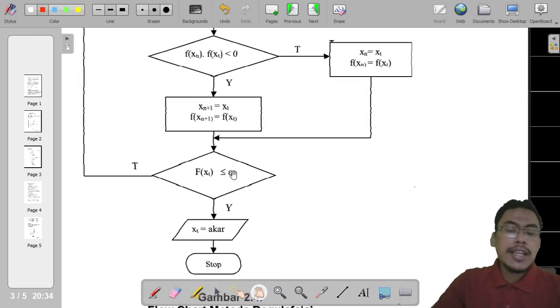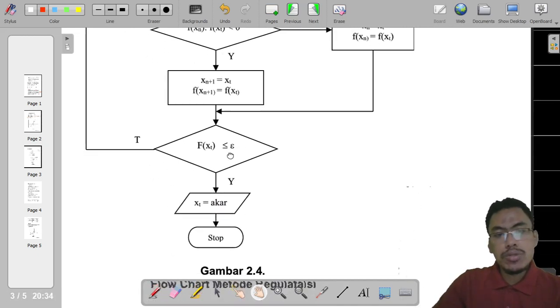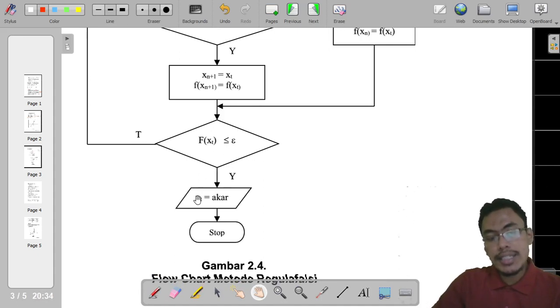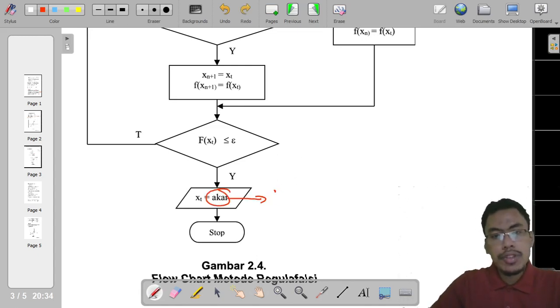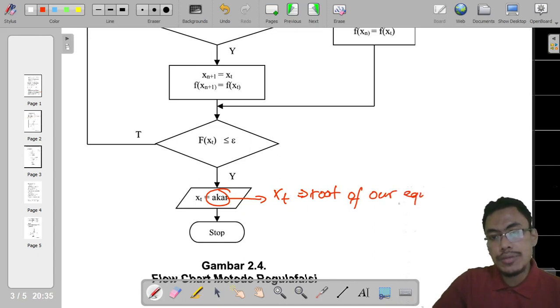And if you get f(xt) less than the error, then we can go to the next step, where xt, the last xt, is the root of our equation. And stop means you finish the calculation.